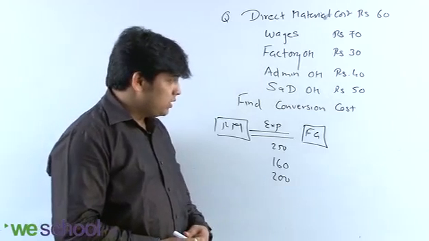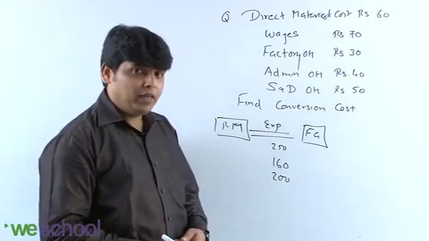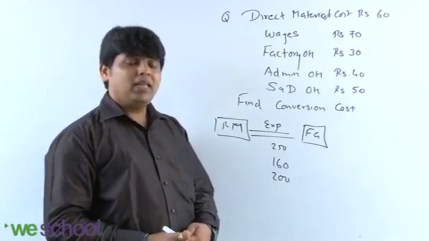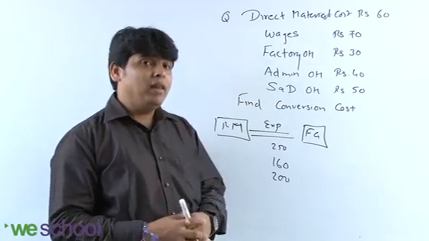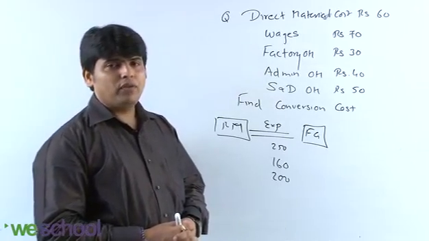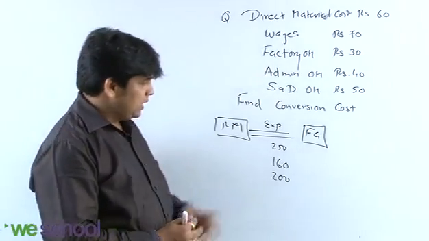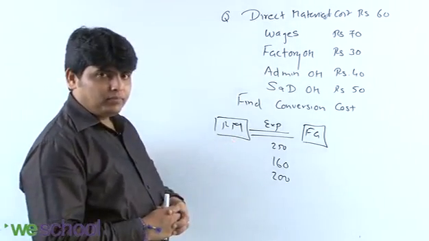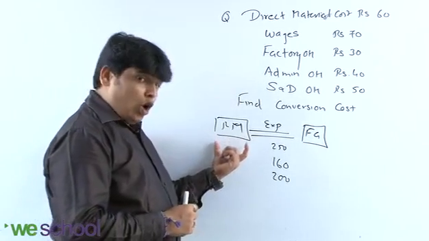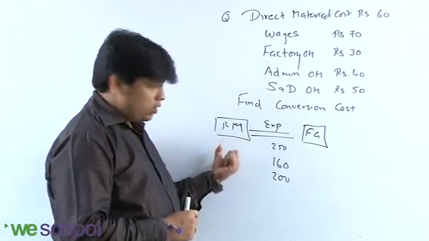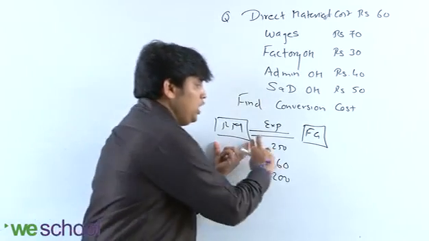I'm very happy that you people are brilliant, but at the same time I feel very sad that you don't understand the simple meaning of English. See in the diagram, I made it clear: the cost which is incurred for converting raw material into finished goods.